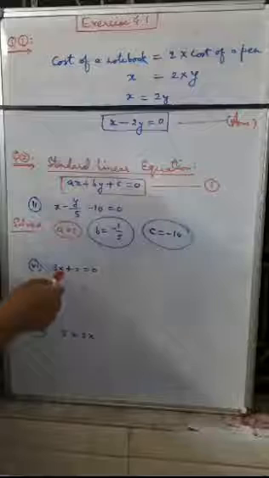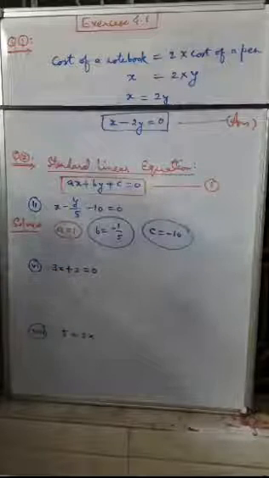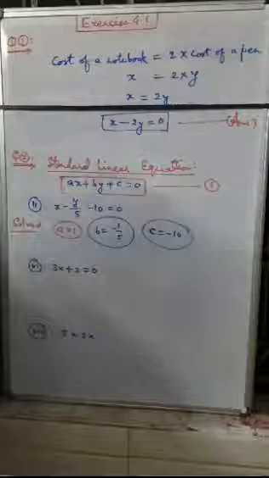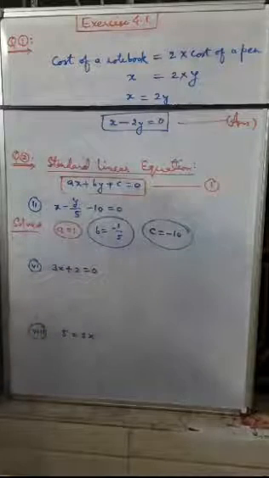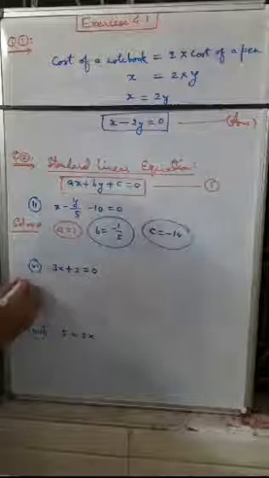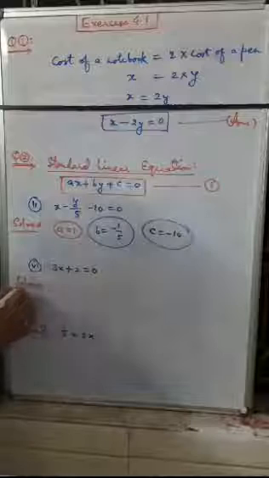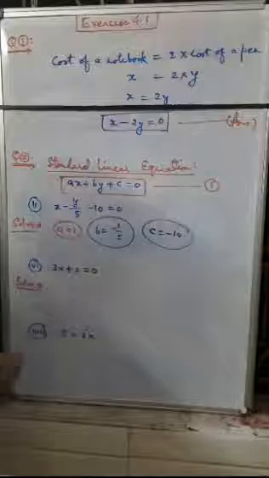Now here is one more equation, 3x plus 2 is equal to 0. We can write this equation in the form ax plus by plus c. How to write?